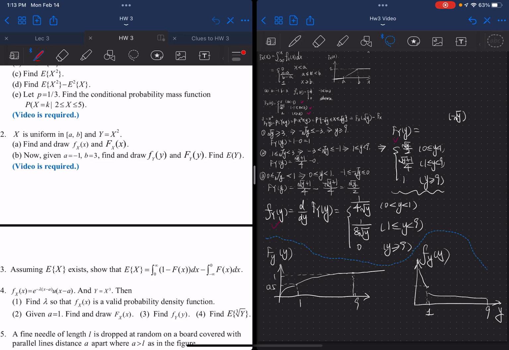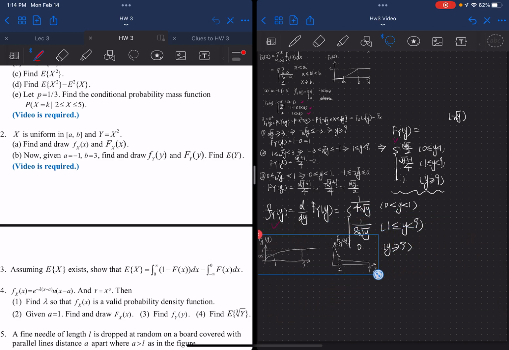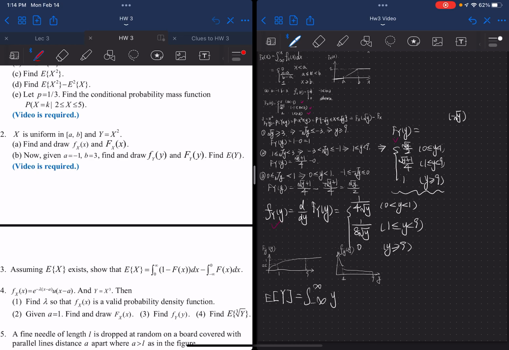And finally, we need to calculate the expected value of Y. The expected value of Y equals the integral of y times the probability density function of Y from 0 to infinity.